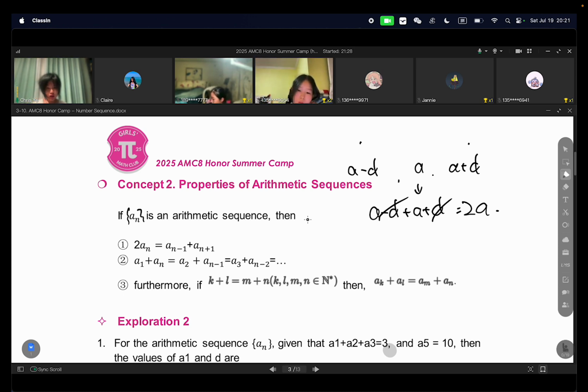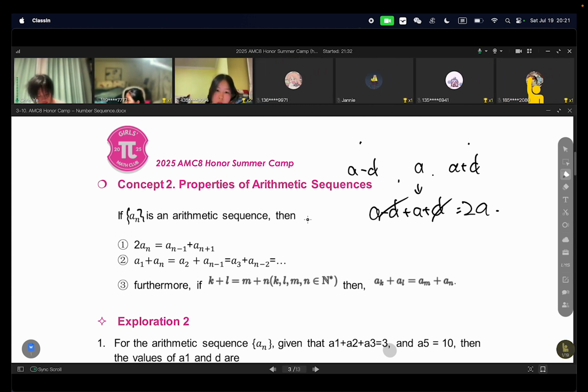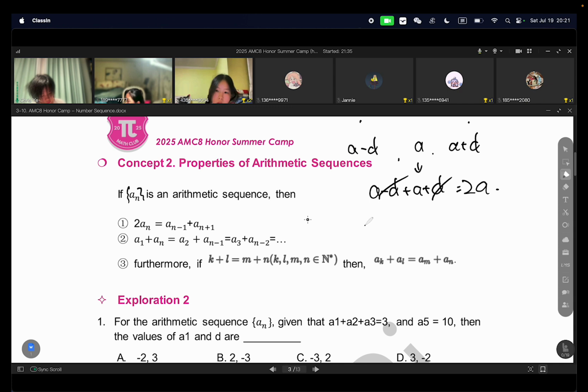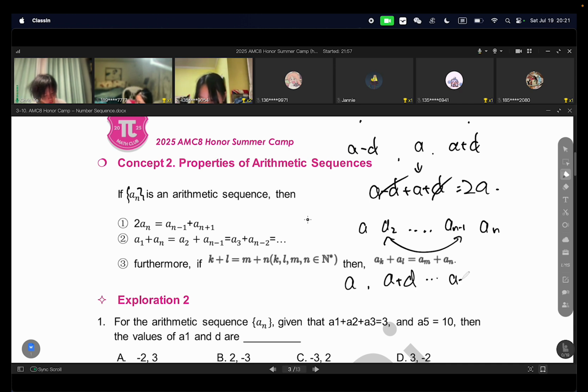And that is actually also going to apply to a1 plus an. So let's say we have the first term, and so on to the nth term. Those two added together is going to be the second term plus the second-to-last term. The reason we have that is because the second term is just going to be a plus d, and all the way to, let's say, a plus nd.